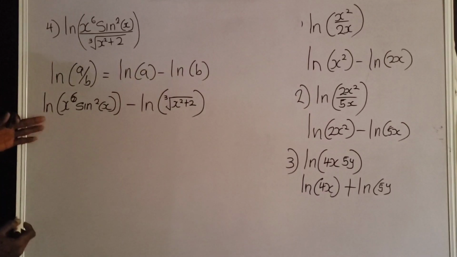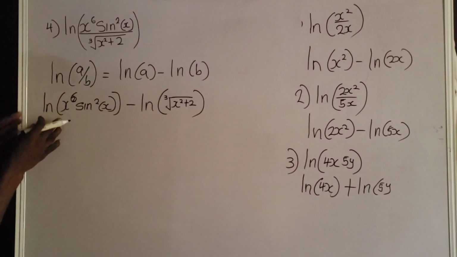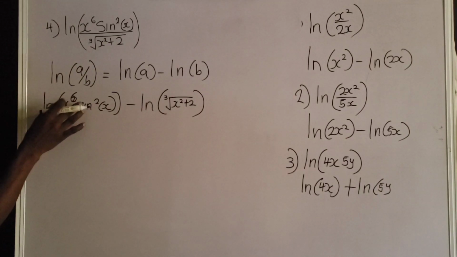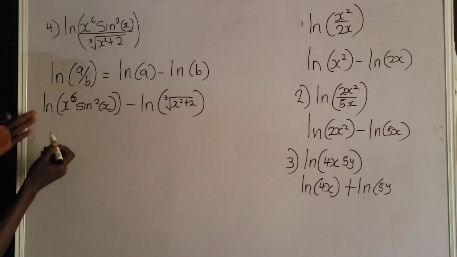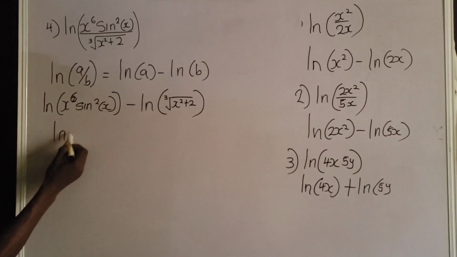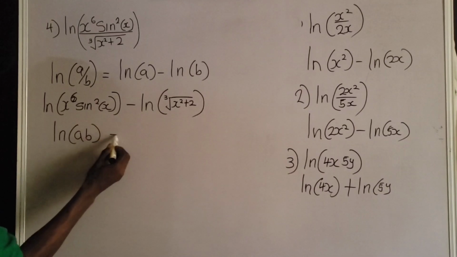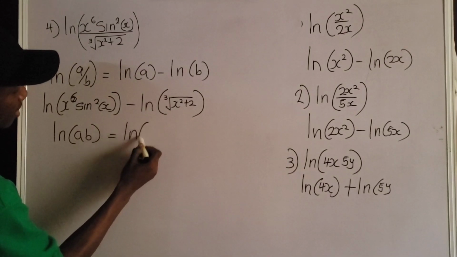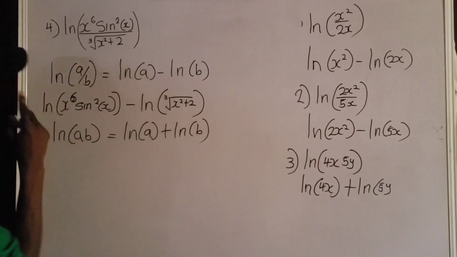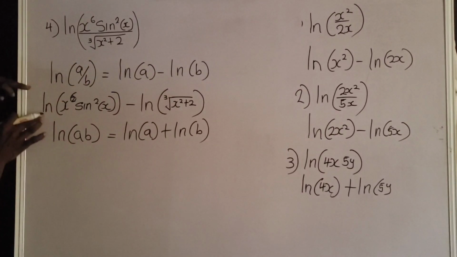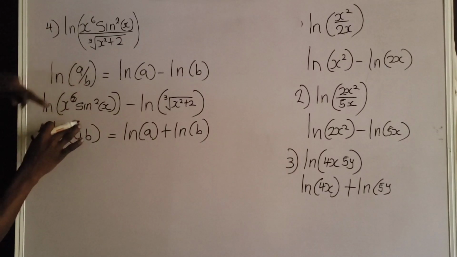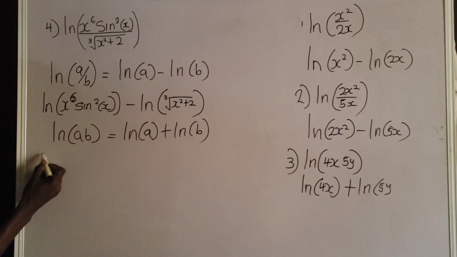However, this is not the final expansion. You can see that I still have a product between x raised to the power of 6 and sine squared x. So I'm still going to use the addition rule when we have something like ln AB. Don't forget, I told you that this equals ln A plus natural log B. Now let's use the same approach on the left hand side.